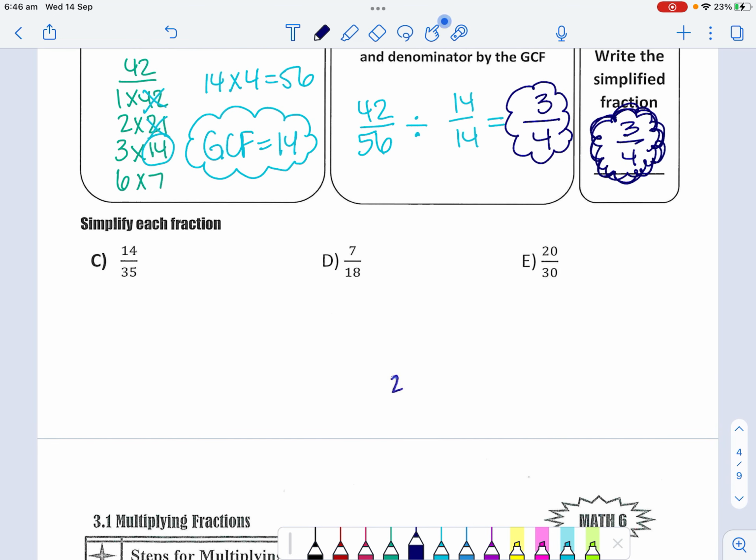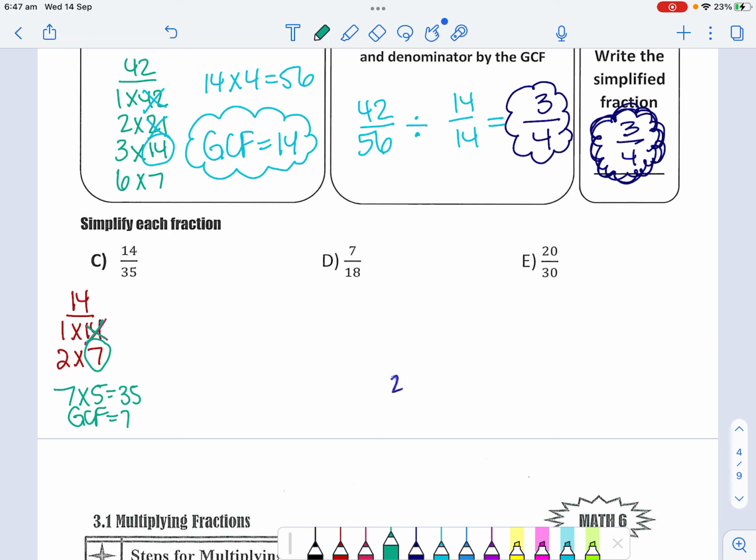So I've got a couple more examples down here at the bottom that we'll go through. So 14 over 35, I'm going to start with 14. 14 is 1 times 14 and 2 times 7. 14 does not go into 35. And then 7 does. So 7 times 5 is 35.